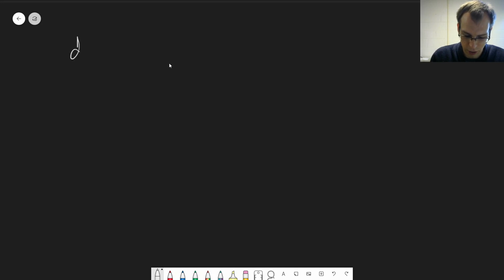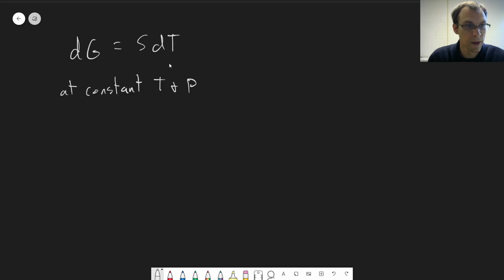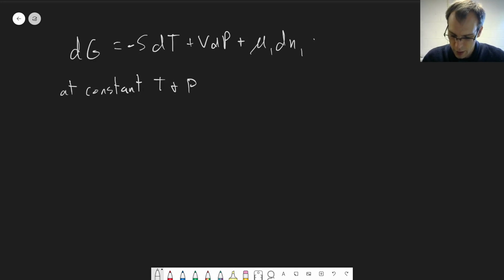If we take our total Gibbs energy, and we fix the temperature and pressure, we wrote out earlier that dG equals, make sure I get my signs right, yeah, negative S dT plus V dP plus mu1 dN1 plus mu2 dN2. So this is the equation we wrote out earlier.